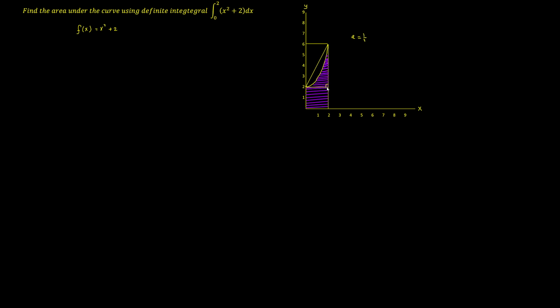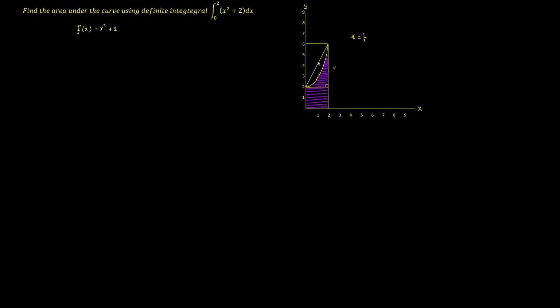The base will be 2, and the height will be 1, 2, 3, 4. So it will be 4.